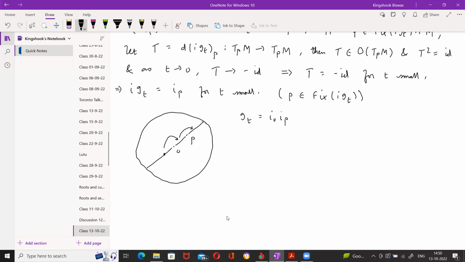So when I differentiate with respect to t at t equal to 0, GT will become a K conjugate of AT, where K is basically the rotation which moves the AT geodesic. This is AT dot O, and K moves this geodesic to this geodesic. Is this clear?